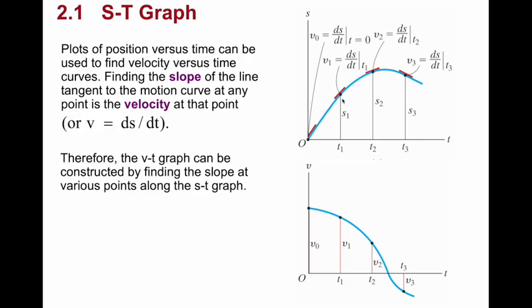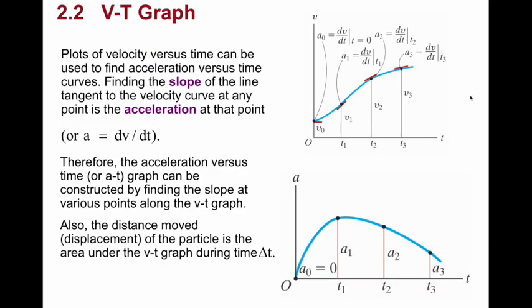Then if I grab another point and find the slope of a line crossing that point, I'll have my velocity at 1. If I keep doing that infinitely many times, you have the v-t relationship.